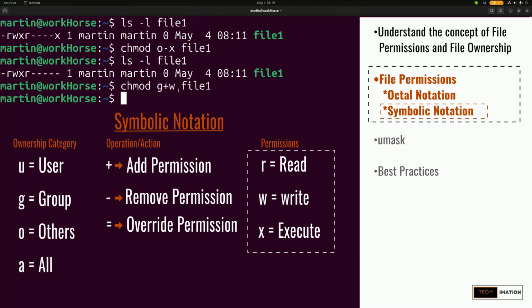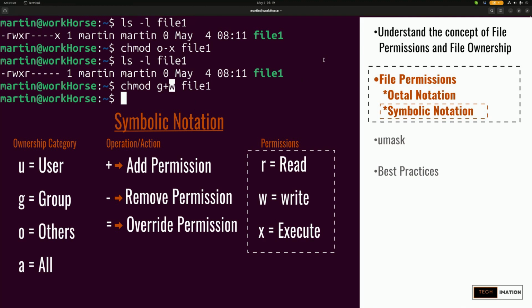Okay, so you have those three parts to make up the symbolic notation. Here you're determining whether it's for the user, for the group, or for others. Here you're determining whether you're adding or removing the permission. Here you're determining which permission you're adding or removing.